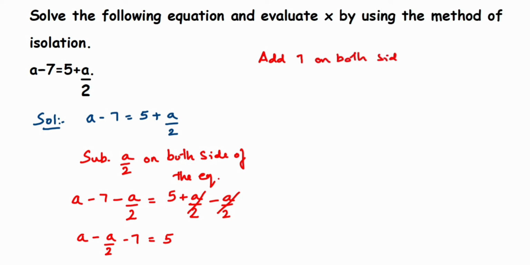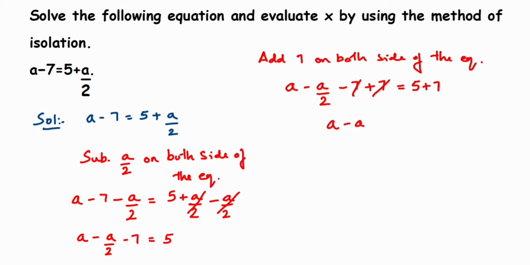By doing that, we'll get a minus a by 2 minus 7 plus 7 is equal to 5 plus 7. Here minus 7 plus 7 will get cancelled, it will become 0. So we get a minus a by 2 is equal to 5 plus 7, which is 12.